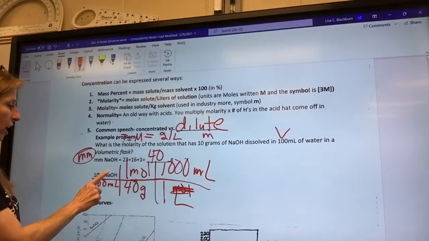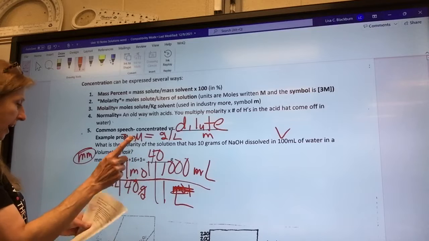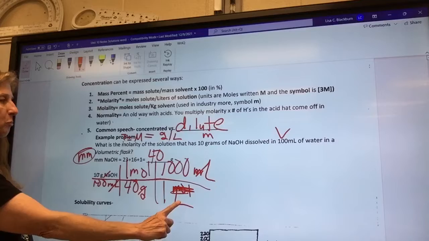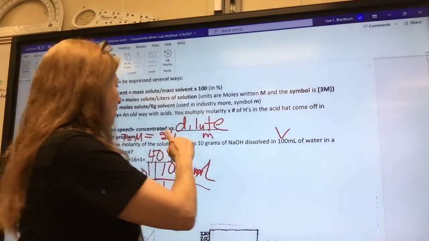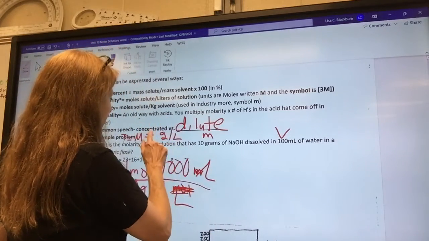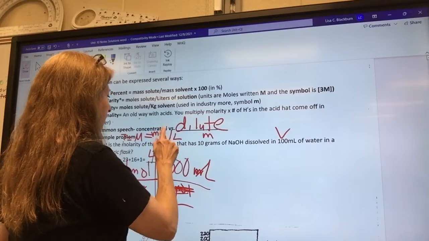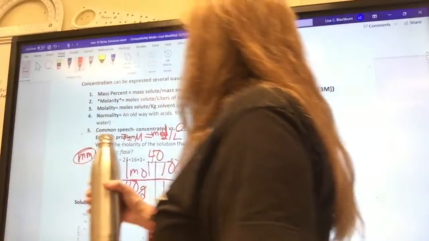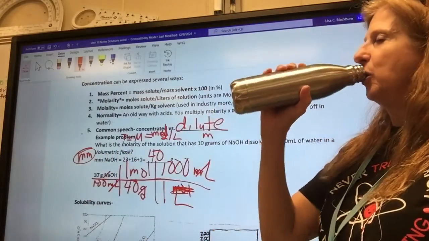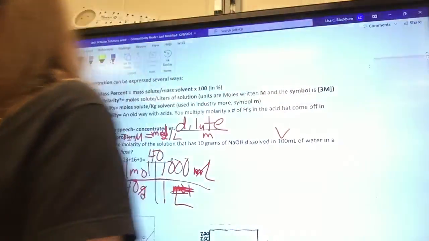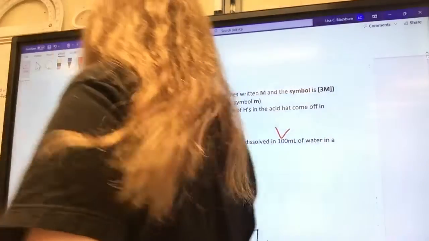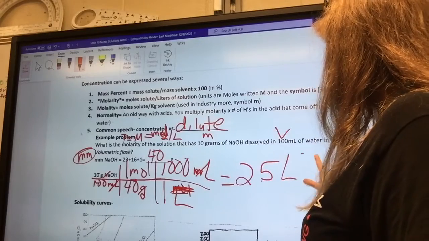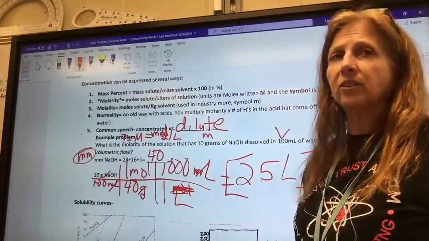So now grams mark out and milliliters mark out, and I'm left with moles per liter, which is what I want. I don't want grams per liter. I'm not doing molality. I want moles per liter. All right, so anything on top we multiply, anything on bottom we divide. And the answer is 2.5 molar. And I can put it in little square brackets because it's a concentration.